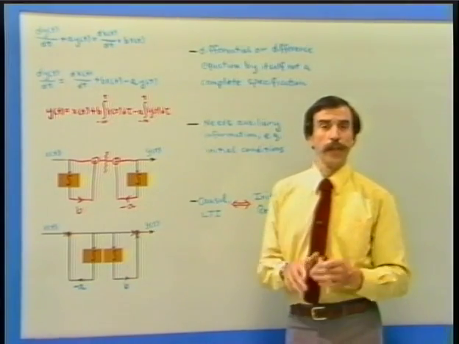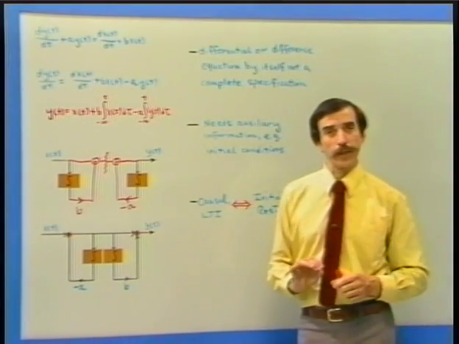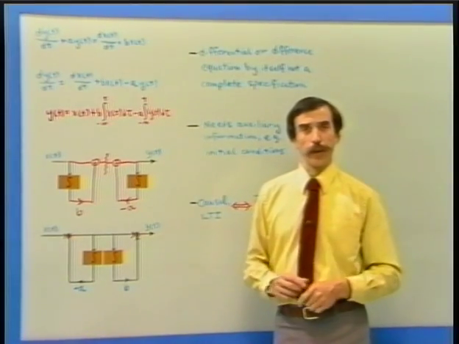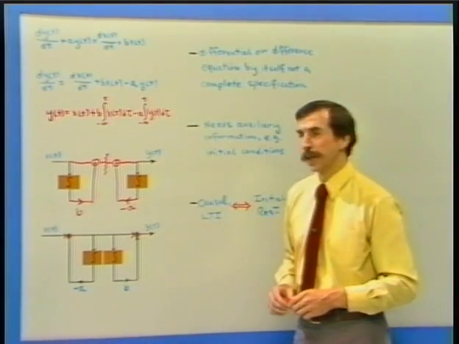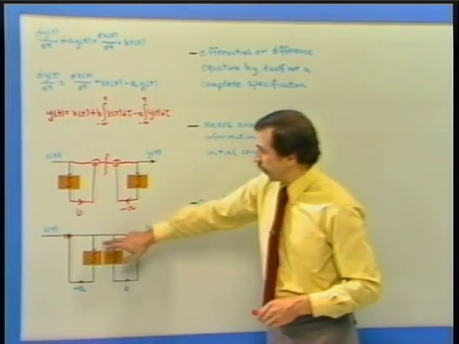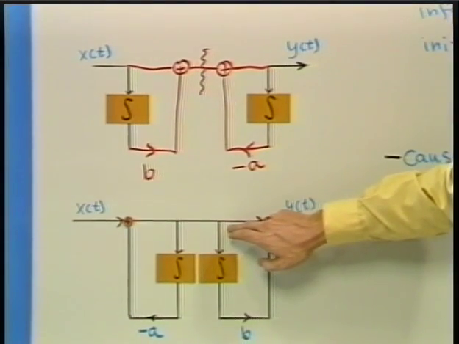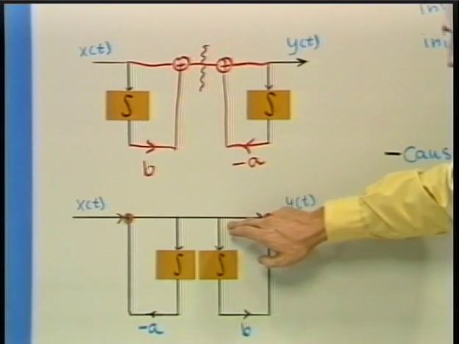What you can see, just as we saw with the difference equation, is that now both integrators are integrating the same thing. In particular, the input to this integrator and the input to this integrator are identical.